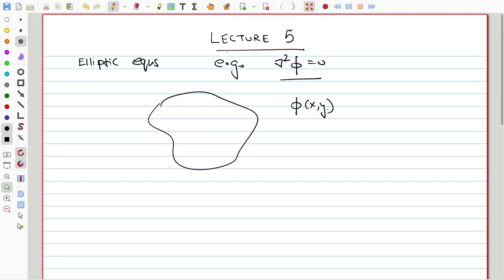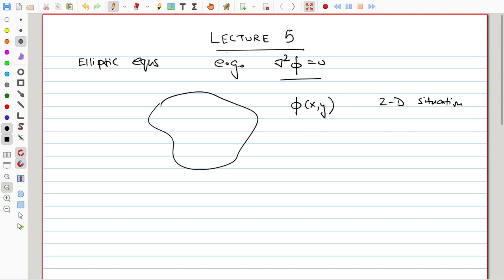In this case, it's a 2-dimensional situation. It's much easier to draw a 2D situation on a 2-dimensional surface, but you could think of it as a 3-dimensional domain like this room, and you're solving for, let's say, temperature in this room as a function of space and time. So it could even be a function of time. But for now, let us keep things simple and let's say it's only a function of x and y.